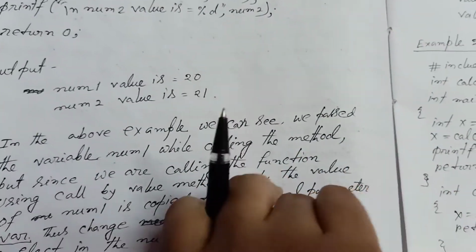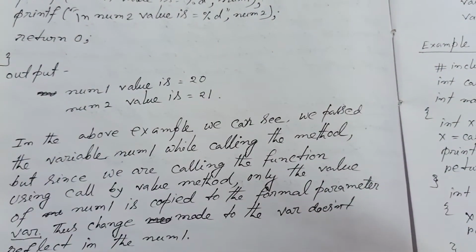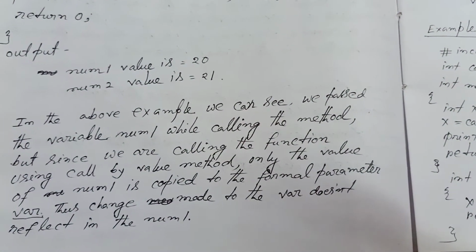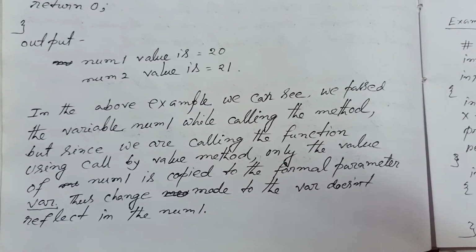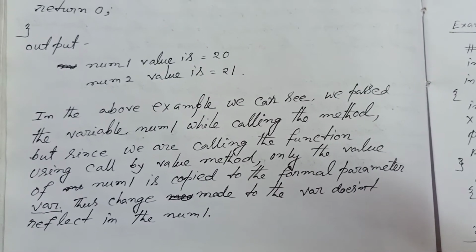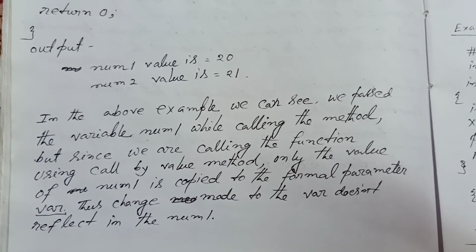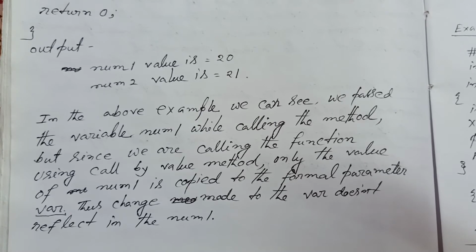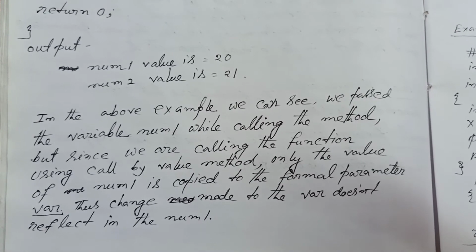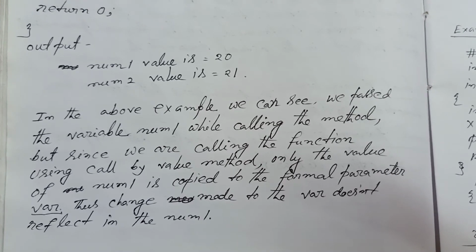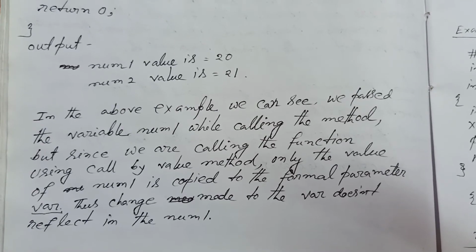In the above example, we pass the variable num1 while calling the method. But since we are calling the function using the call by value method, only the value of num1 is copied to the formal parameter var. Thus, a change made to var doesn't reflect on num1.